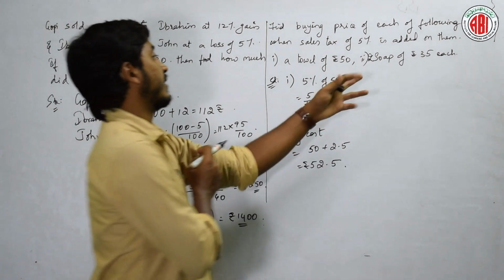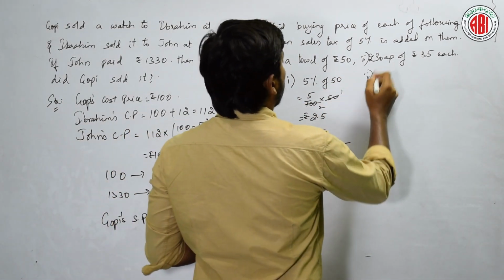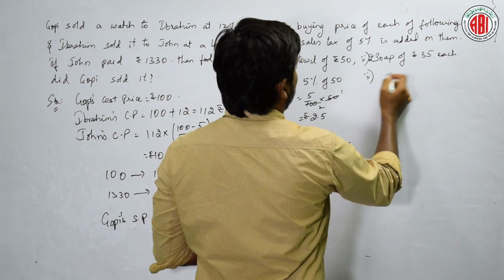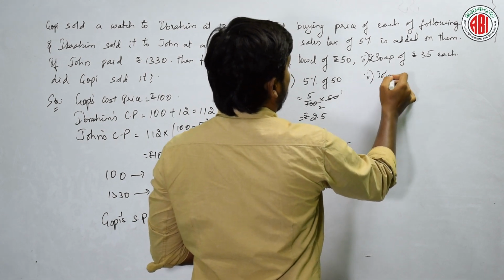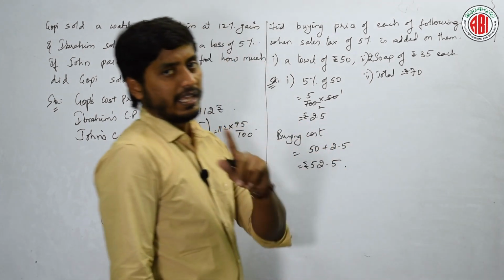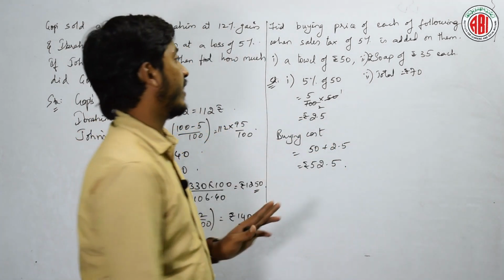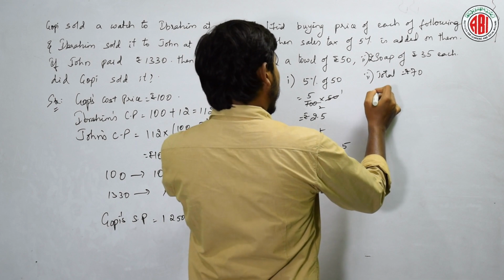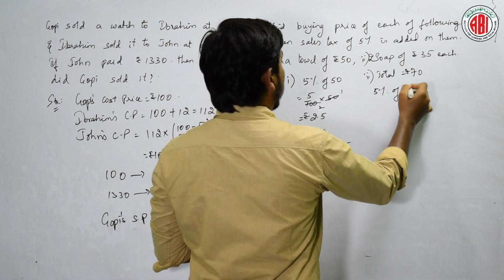And the next, here 2 soaps of 35 rupees each, therefore the total amount is 70 rupees, isn't it? One soap is 35, so 2 soaps is 70 rupees. Then he is telling 5% of 70.